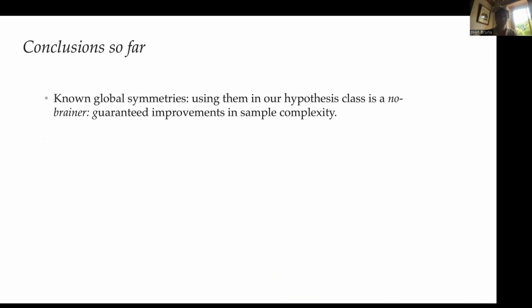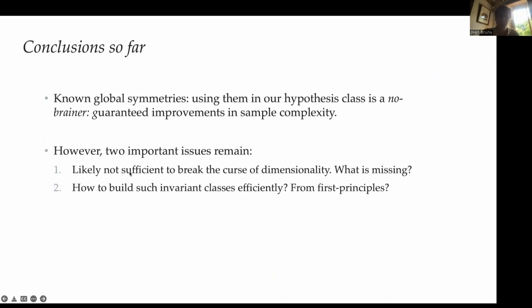So there's an improvement in sample complexity, but there are two things that we still need to address. The first one is that it's necessary, but not sufficient. We need some other tool to guarantee that we can learn with a number of samples that does not blow up with the dimension. There's something missing. What is missing?